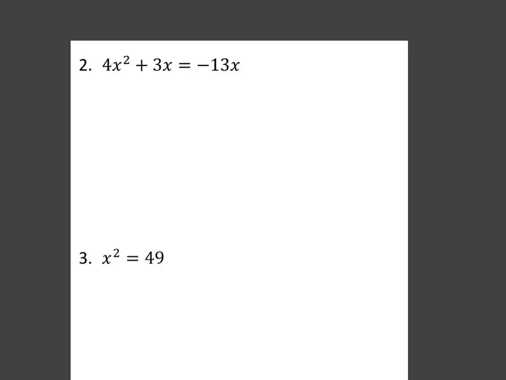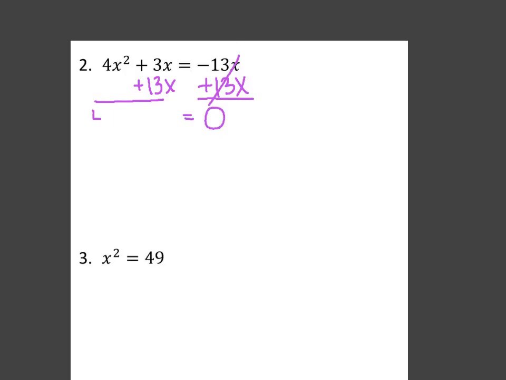Now how I do that is by using opposite operations. So because it was negative 13x, I'm going to add 13x to each side. So now negative 13x and 13x will cancel out and become 0.